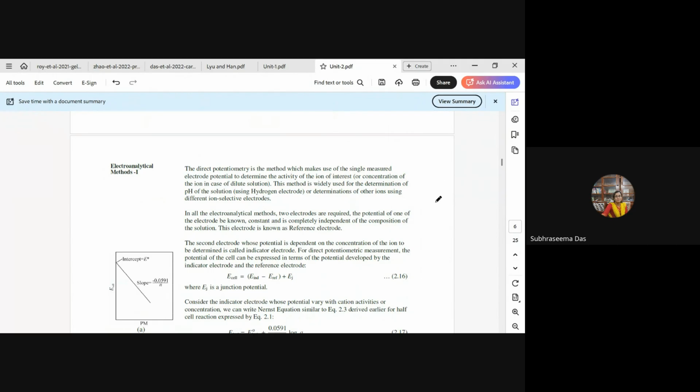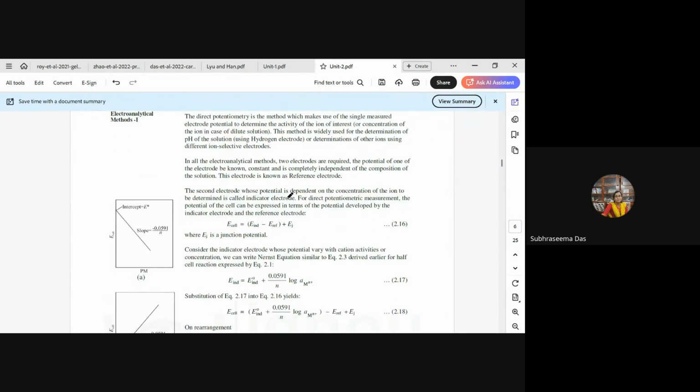This method is widely used for the determination of pH, mostly using the SHE, the standard hydrogen electrode. In all electroanalytical methods, two electrodes are required. The potential of one is known and completely independent of the composition of the solution, and it is called the reference electrode. The second is our sample electrode, which is dependent and is called the indicator electrode.